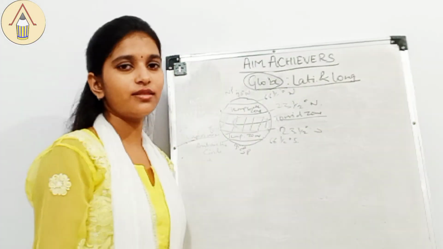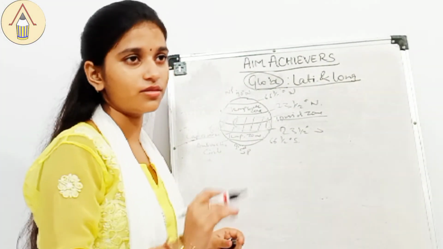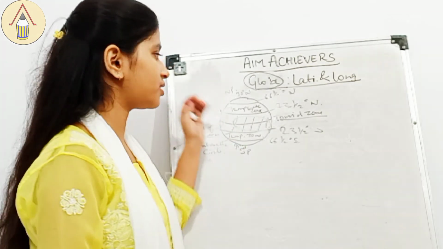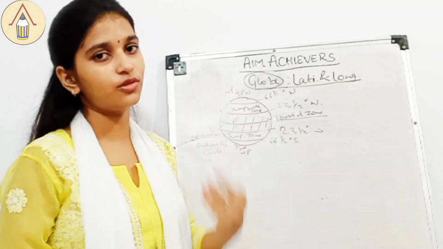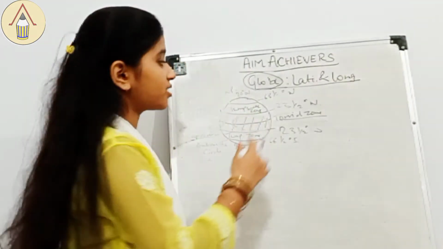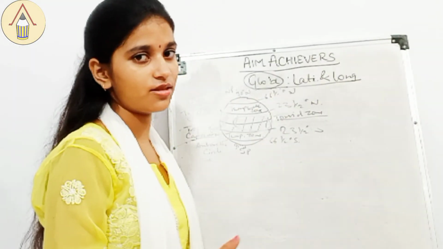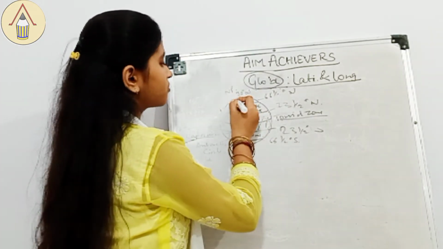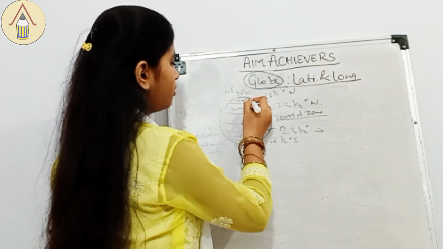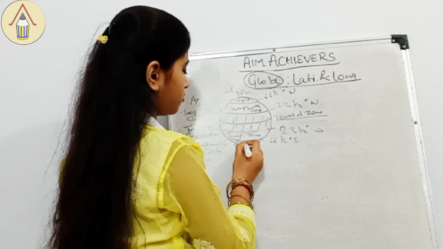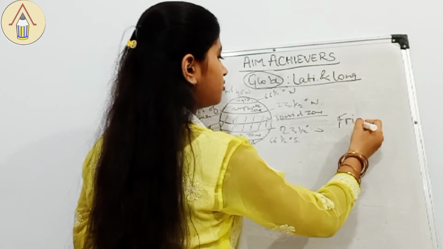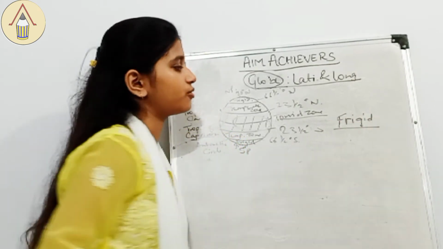Okay, it is a mild region, where it is not too cold or too hot. Next comes frigid, as the name suggests, freezing zone. Where it is quite cold, frigid zone. Okay.